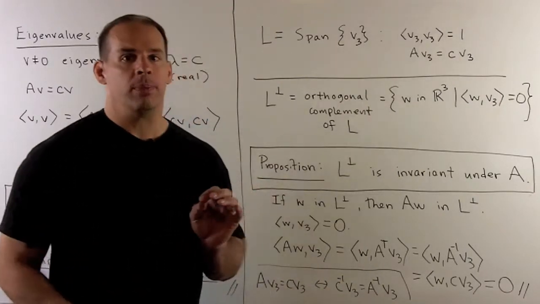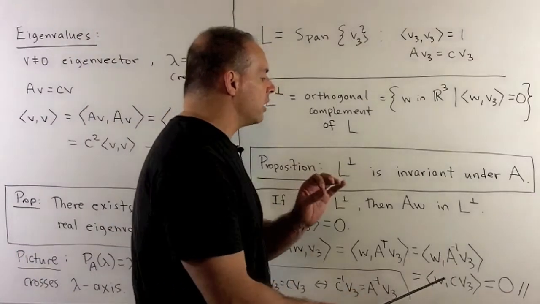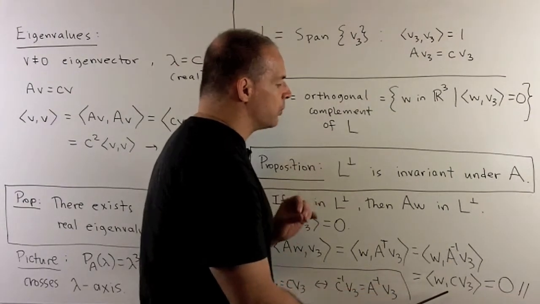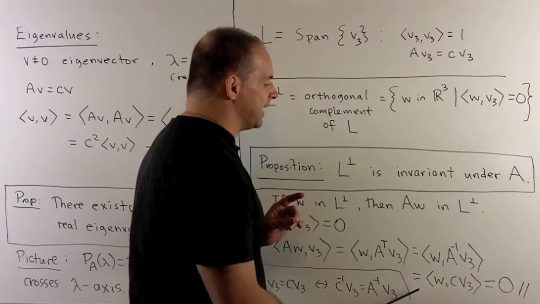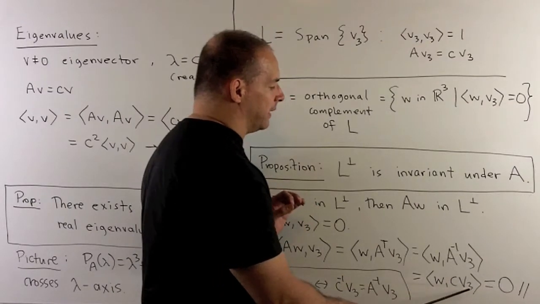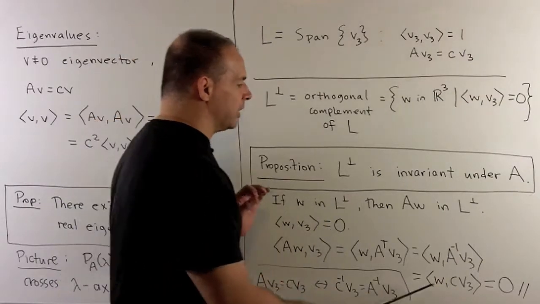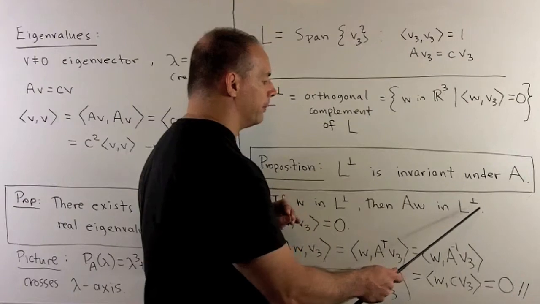Since A is orthogonal, A transpose equals A inverse. Then in a second, we'll see that A inverse on V3 is just equal to C times V3. Since I could pull the C out, we have W inner product with V3, and then by definition of L perp, that's equal to 0. So AW is going to land back in L perp.